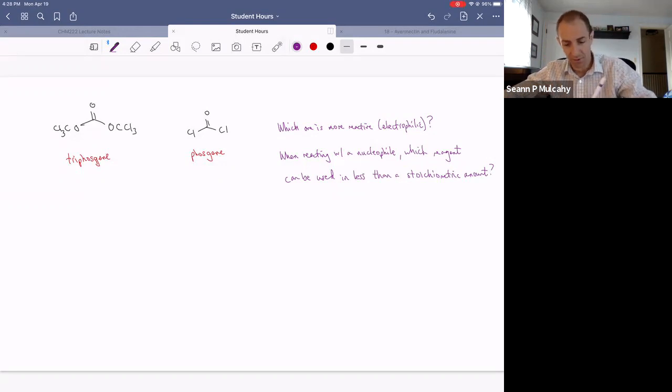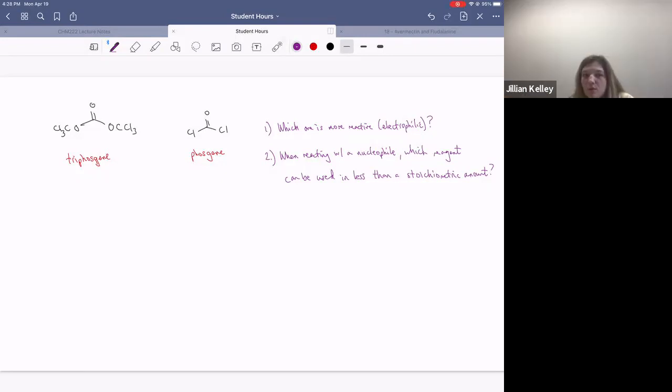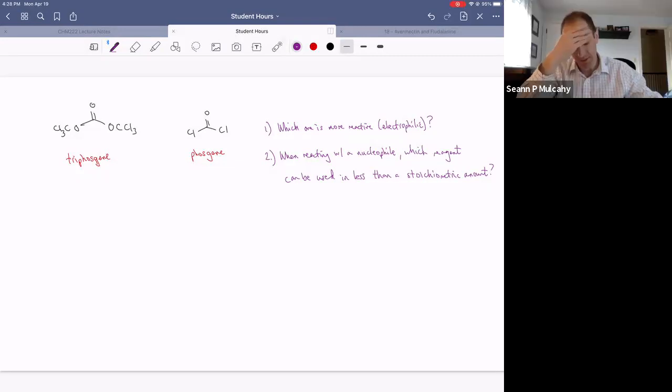So let's tackle this first question first. Which one of these is more electrophilic and why? What do you think? Would it maybe be the triphosgene? All right, well, let's first take a step back and figure out what determines electrophilicity.